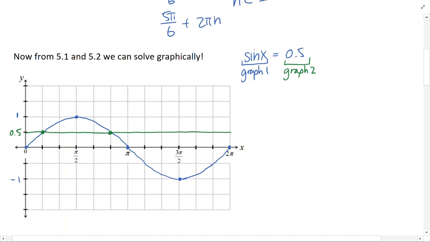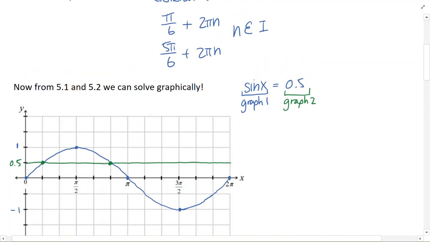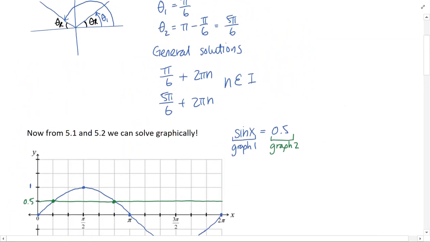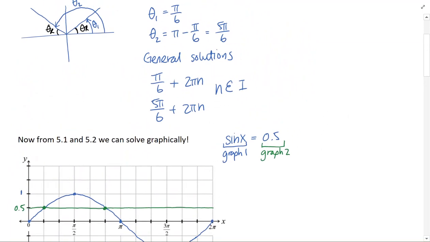And looking back at our algebraic conclusion from our 4.4 method, we know we should be at pi over 6 and 5 pi over 6, which is indeed each box here. So if we go down, this point here does give us x equals pi over 6. And if we go straight down, this part here is also x equals 5 pi over 6. Okay, so the two should match, the two does match. We did the correct work here.